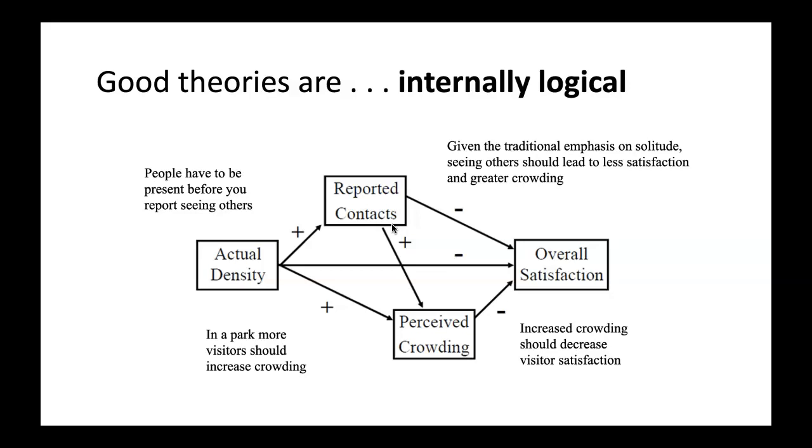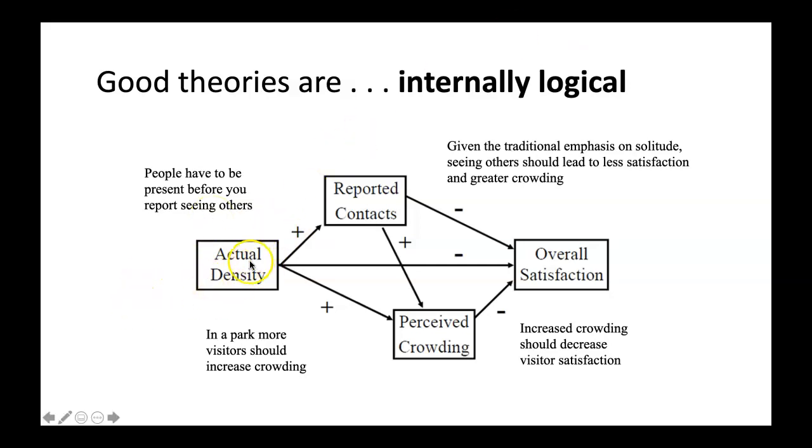So if you remember, good theories are internally logical, right? If you think about this framework, these are the different parts of this theory that's related to encounter norms. There's a bunch of different parts here, but essentially, people have to be present before you start reporting other people.